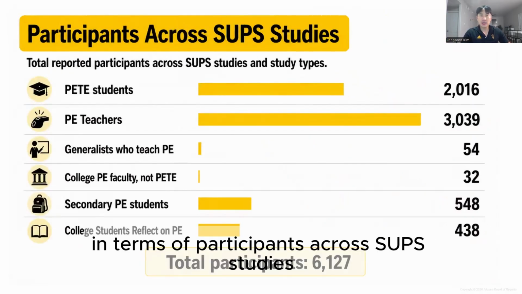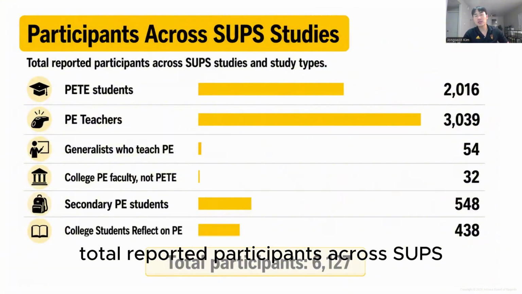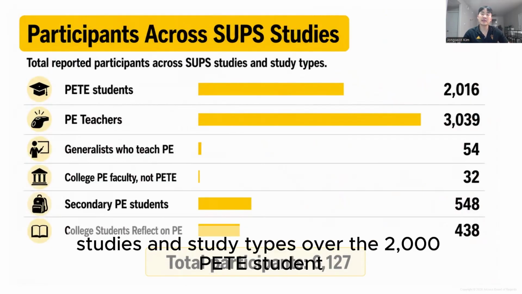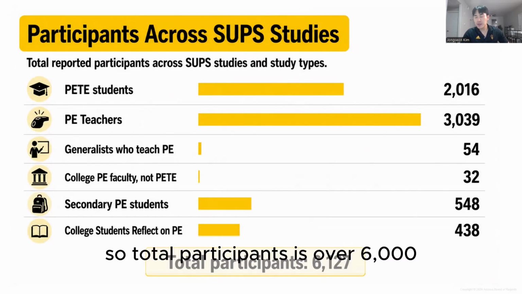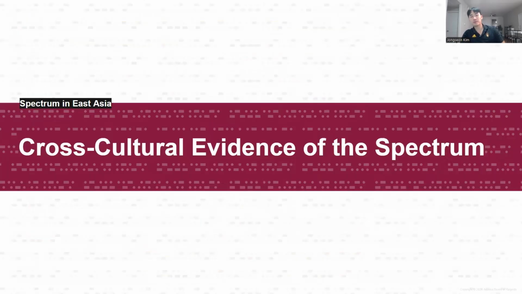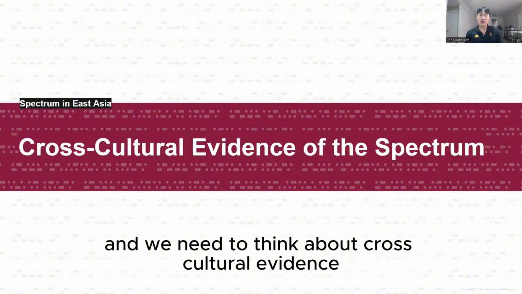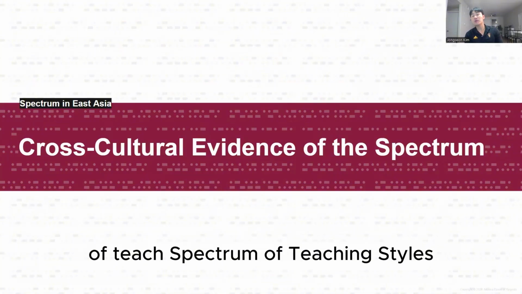In terms of participants across SOUP studies, the total reported participants across SOUP studies and study types is over 2,000 PE students and over 3,000 PE teachers. So the total number of participants is over 6,000. And we need to think about cross-cultural evidence of the spectrum of teaching styles.